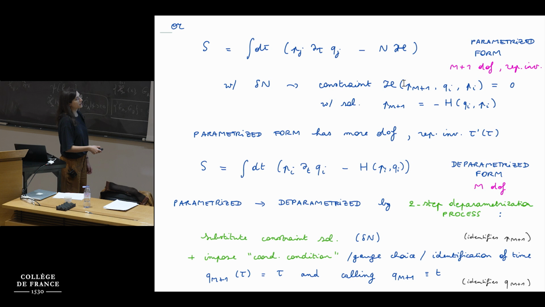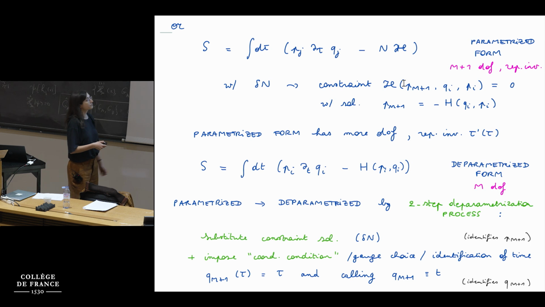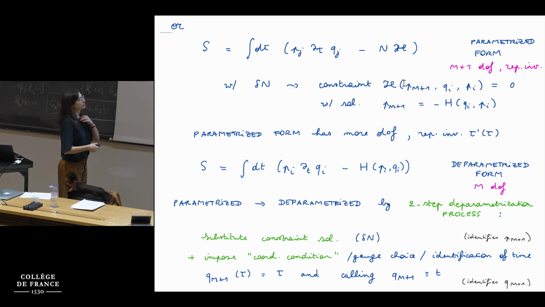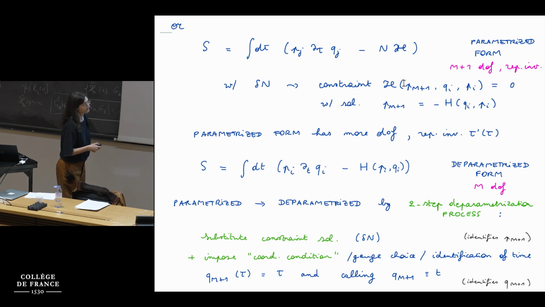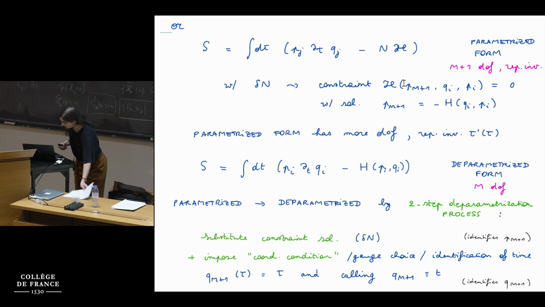So this first step identifies p_{m+1}, the second step identifies q_{m+1}, and it gives us a procedure for deparametrizing a parametrized action. I forgot to mention that you can think of this curly H as an unphysical Hamiltonian, starting from the system with the physical Hamiltonian H.